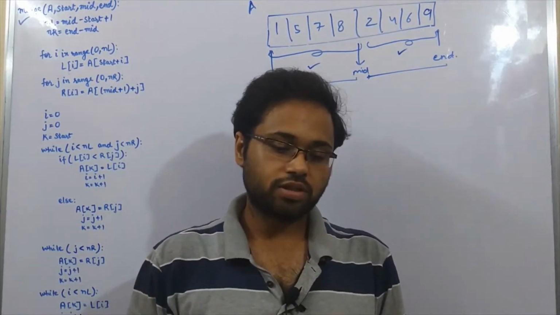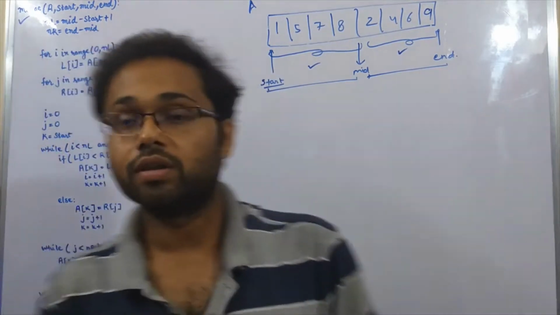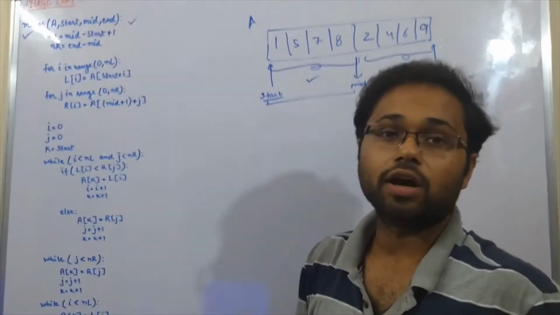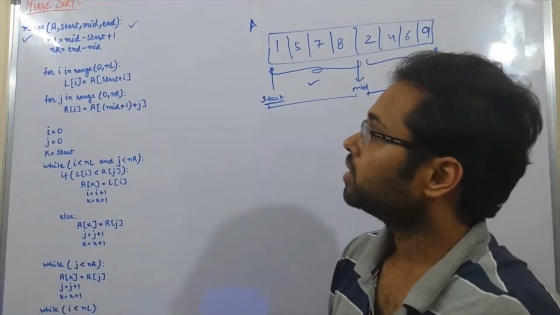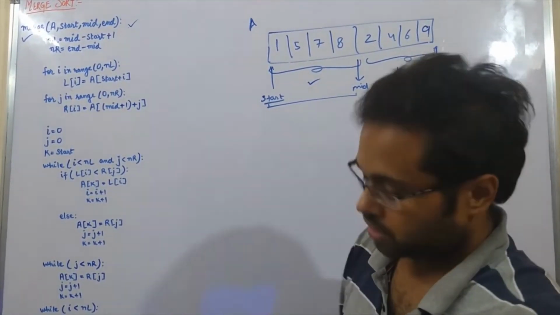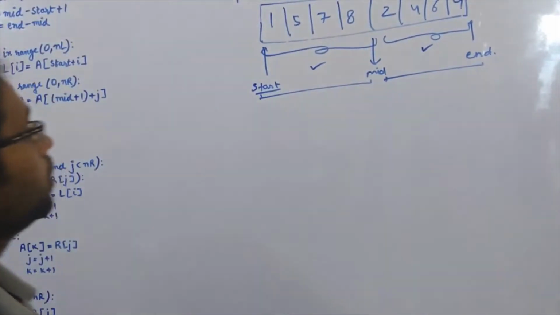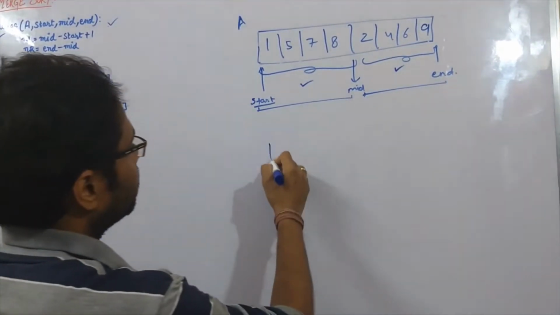Actually, merge sort consists of one special method, also called the heart of merge sort, that is called the merge procedure. I will explain what the merge procedure does. In the merge procedure, we will create two arrays.